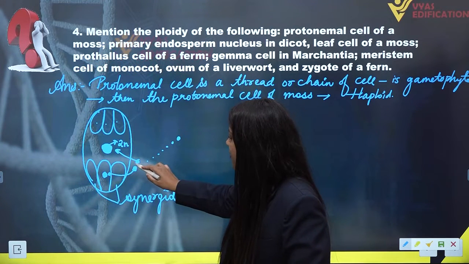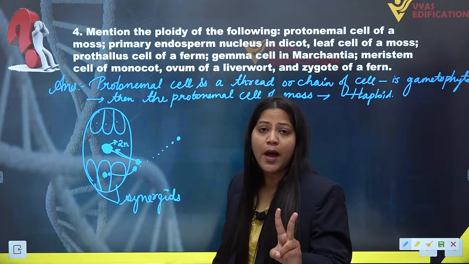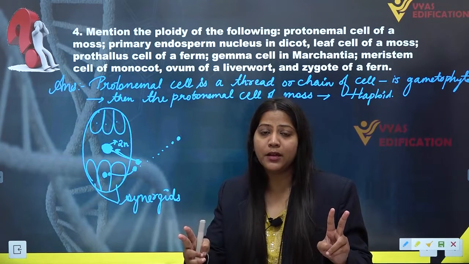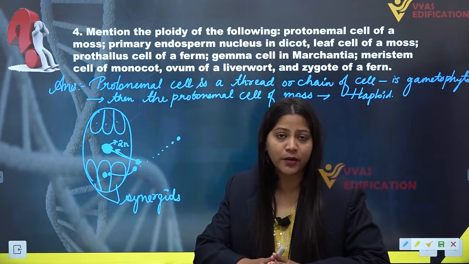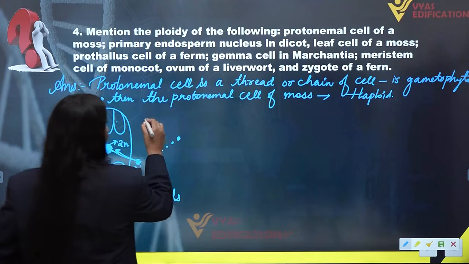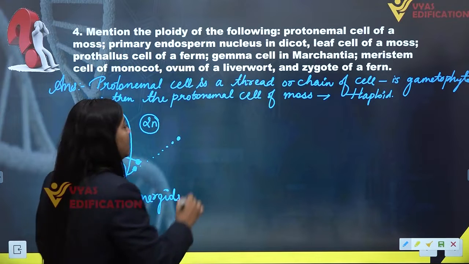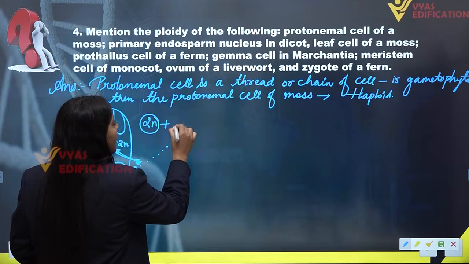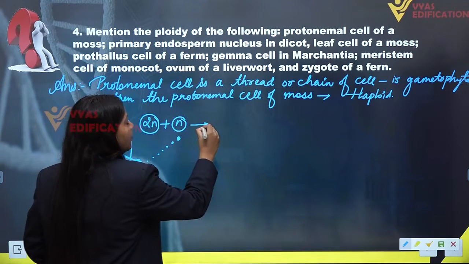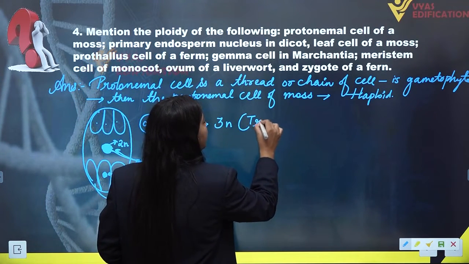Let's suppose this male gamete fuses with the secondary nucleus. 2n plus n, the nucleus of the male gamete, when fused with each other, form the triple N condition. We know that this secondary nucleus containing 2n fuses with the haploid nucleus of the sperm. It forms the triple N or triploid condition.